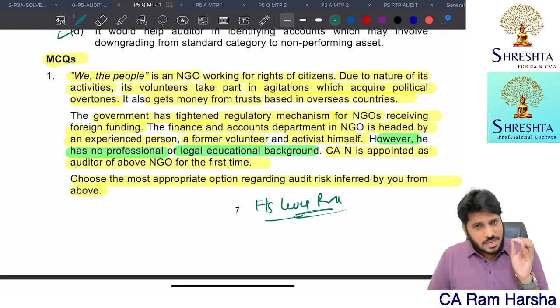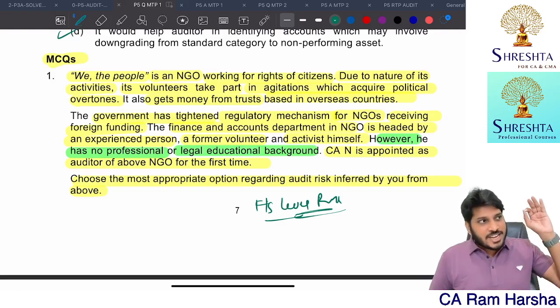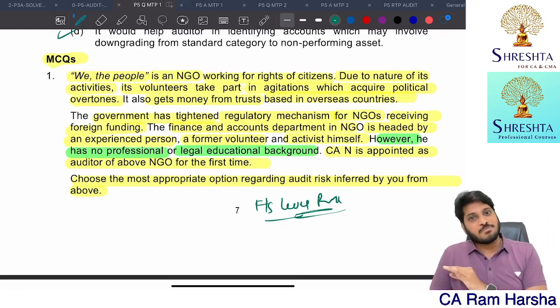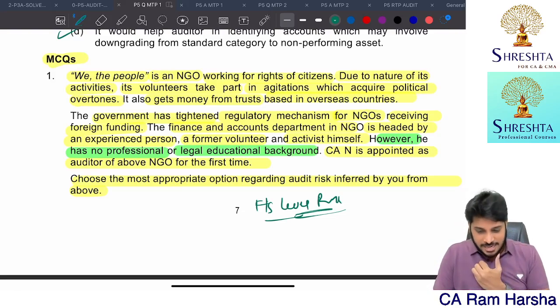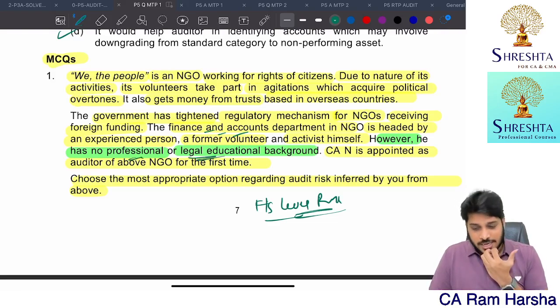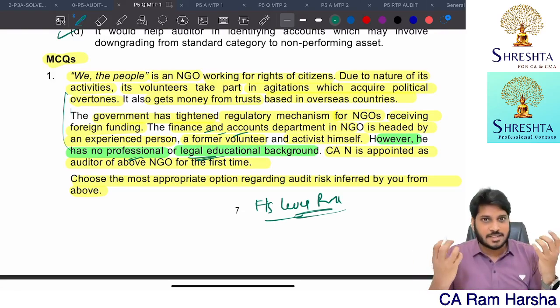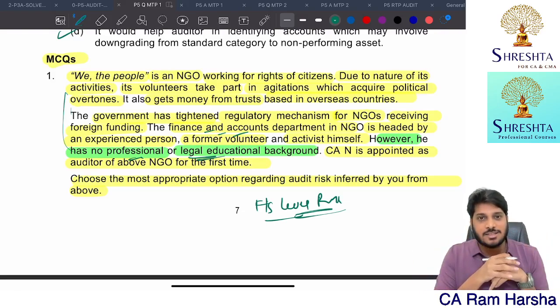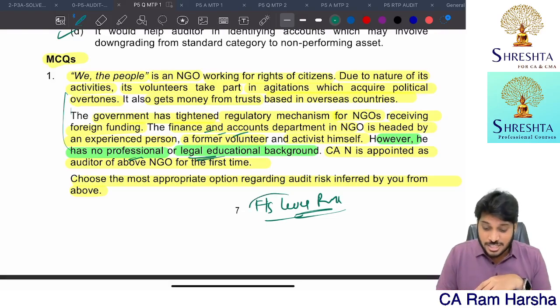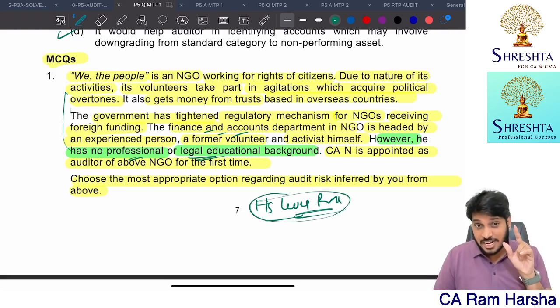But suppose the company's top management is not competent, or the company's finance department people are not competent to prepare the accounts, there is a possibility that in every aspect of the financial statements mistakes might happen, because they don't know anything about accounting. Here, the finance head of the entity has no professional or legal background. How do you think he will account for all foreign donations legally, whether they are all proper? It's a financial statement level risk.